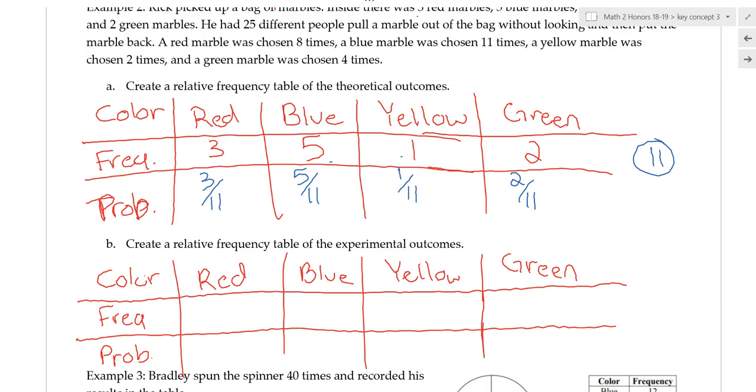Okay, so now experimentally, how many times could I choose a red marble? We chose it 8 times. When we did the experiment, we got blue 11 times, yellow 2 times, and green 4 times.